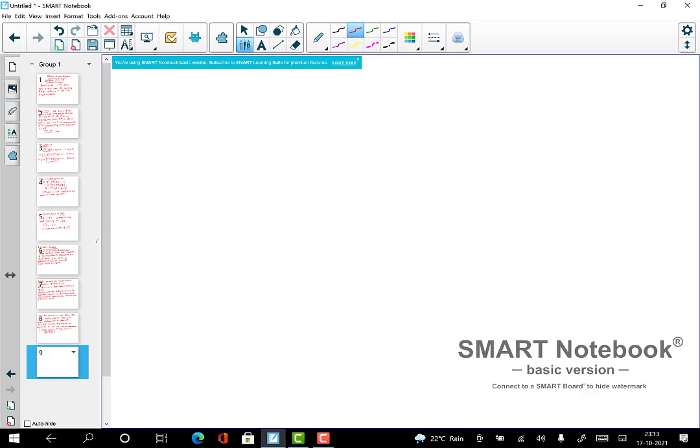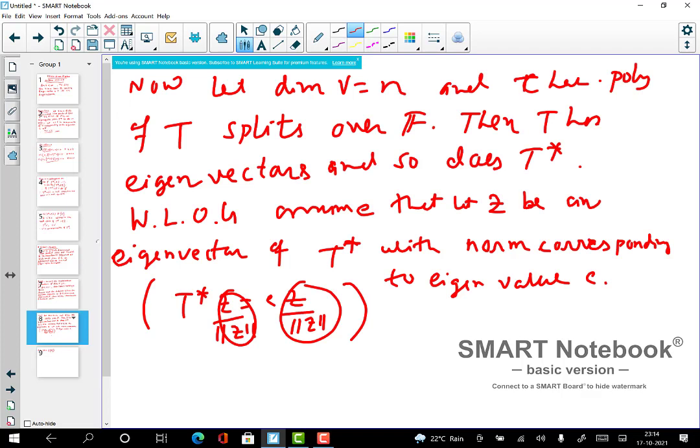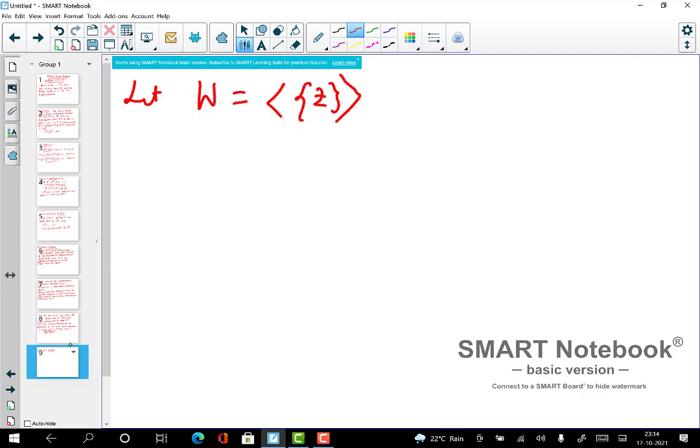So now what we will do, we will choose a subspace. Let W be the subspace which is spanned by this eigenvector z, so you are taking this one dimensional subspace spanned by z. Okay, so this is an eigenvector of T star, remember, and W is obviously inside V, a one dimensional subspace of V, right? Now what is my claim?